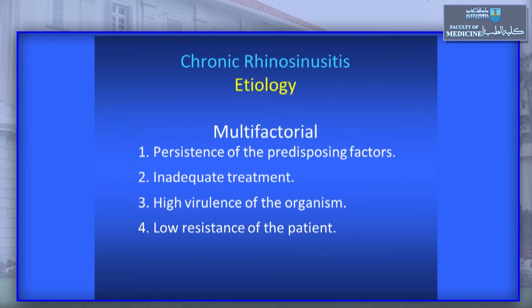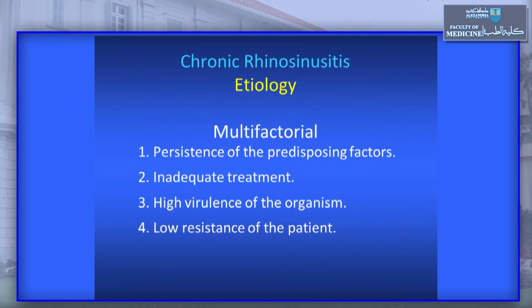The first is the persistence of the so-called predisposing factors. Second is inadequate treatment of an acute attack. The third is high virulence of the organism. Number 4 is the low resistance of the patient.